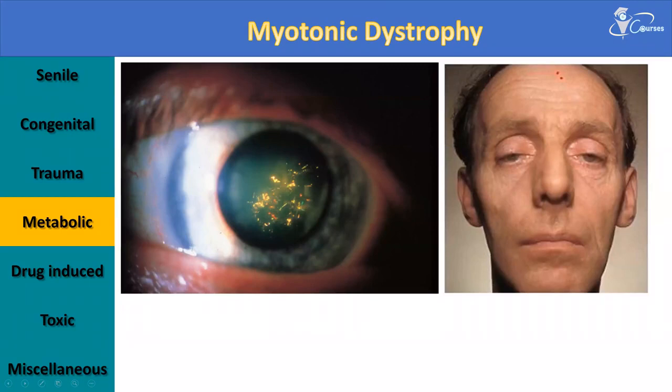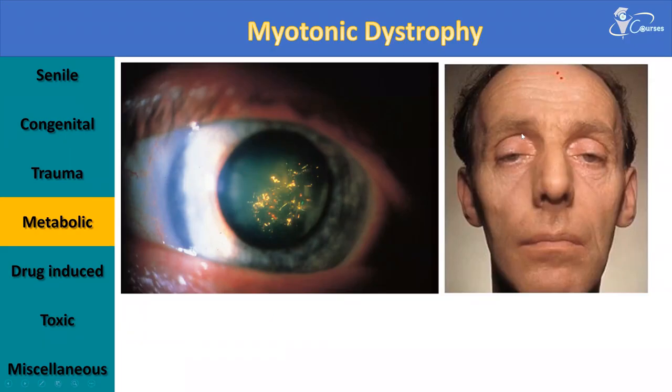Another form of cataract occurs in myotonic dystrophy. Myotonic dystrophy is an autosomal dominant condition. There is abnormality in the muscles, characterized by delayed relaxation after contraction.